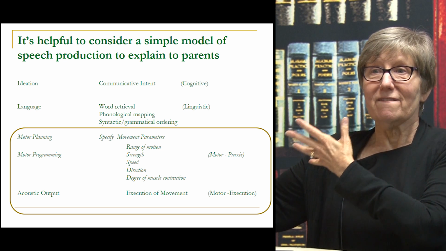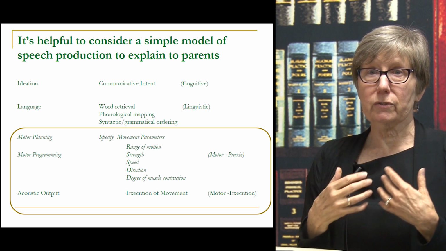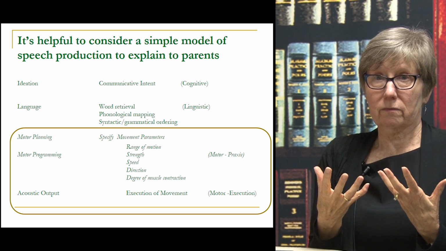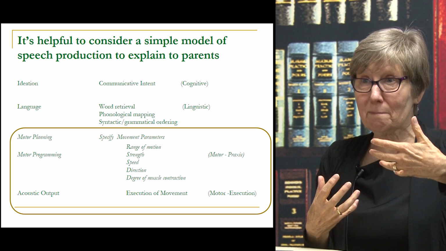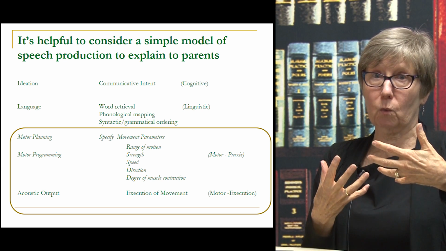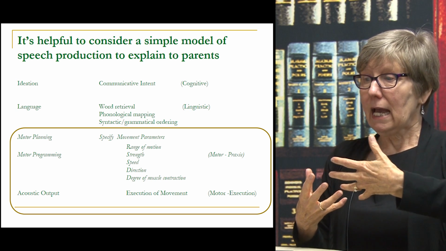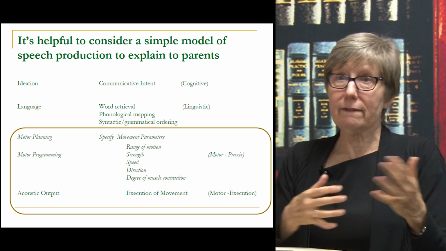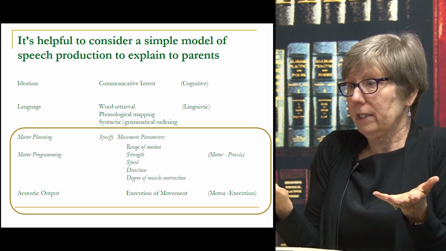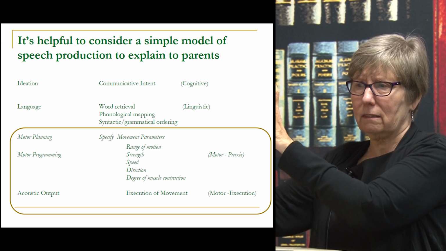If they're going to convey that intent, they have to use some sort of language. That is, they have to retrieve a symbol. For speech, it's going to be a word. They have to do the phonologic mapping for that word. And if they're going to use more than one word, they have to do the syntactic and grammatic encoding. And those are all linguistic processes.